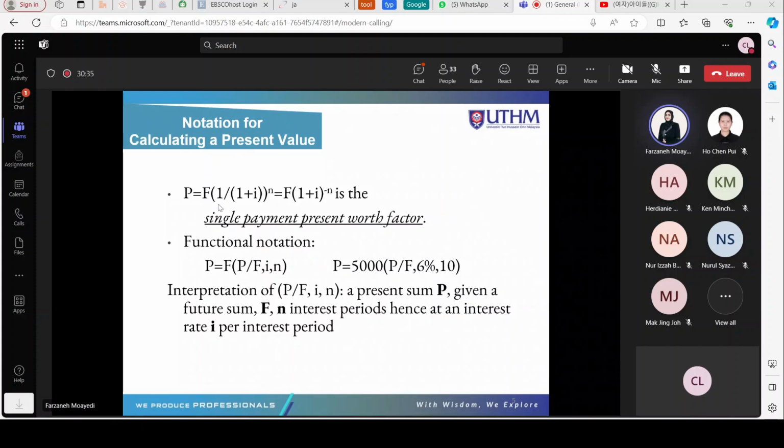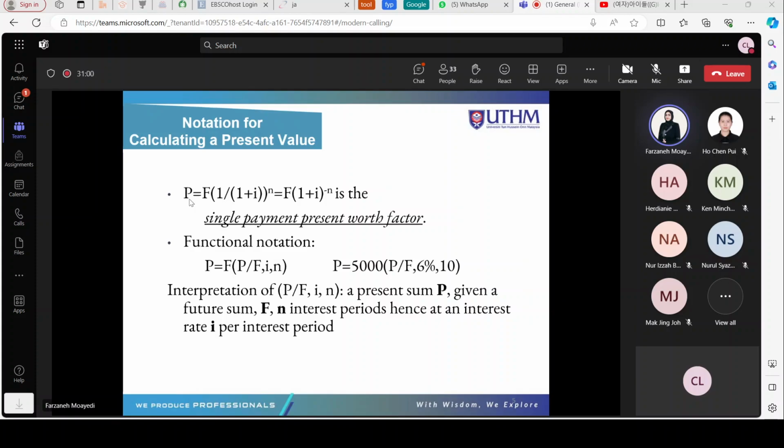For example, if I tell you that you are going to have 1,000 ringgit after 1 year, so you have something related to the future, and you want to know the value of the same amount today, you are basically going to find the present value.